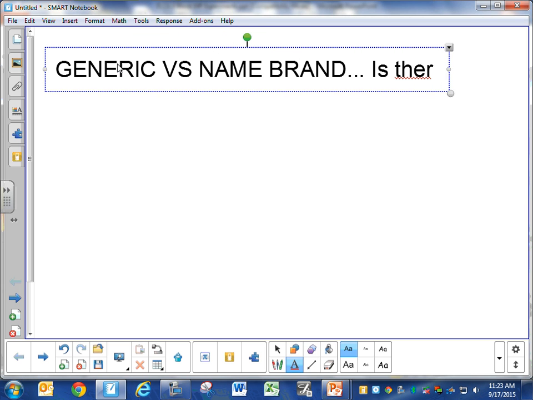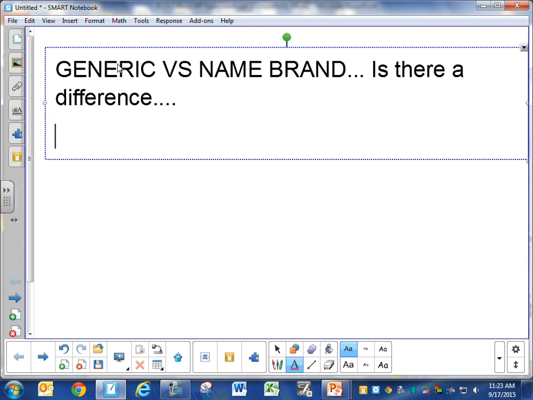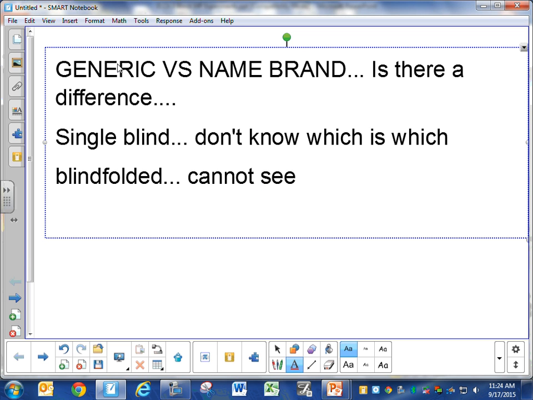This is our study. You guys know that it's going to be single blind, so you don't know which is which. Okay? We are going to be blindfolded, which doesn't mean it's single blind. Blindfolded is just like cannot see. Okay?